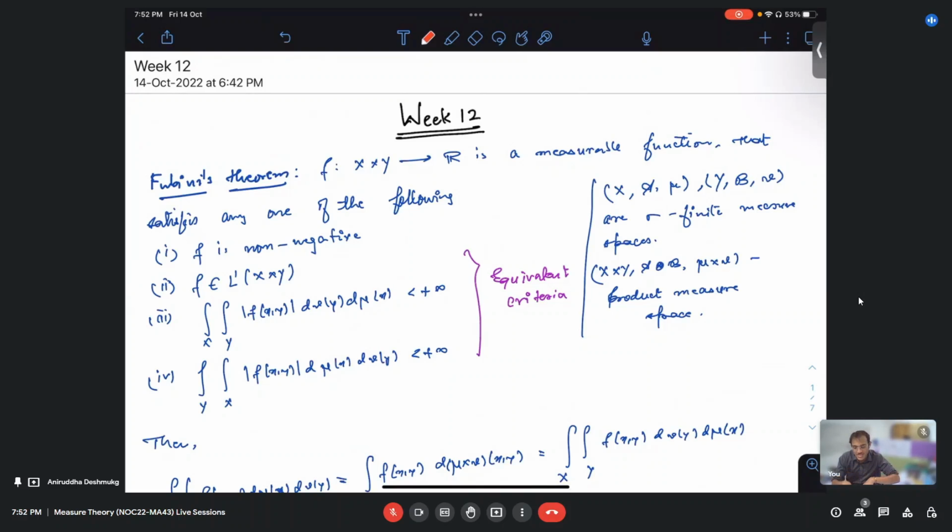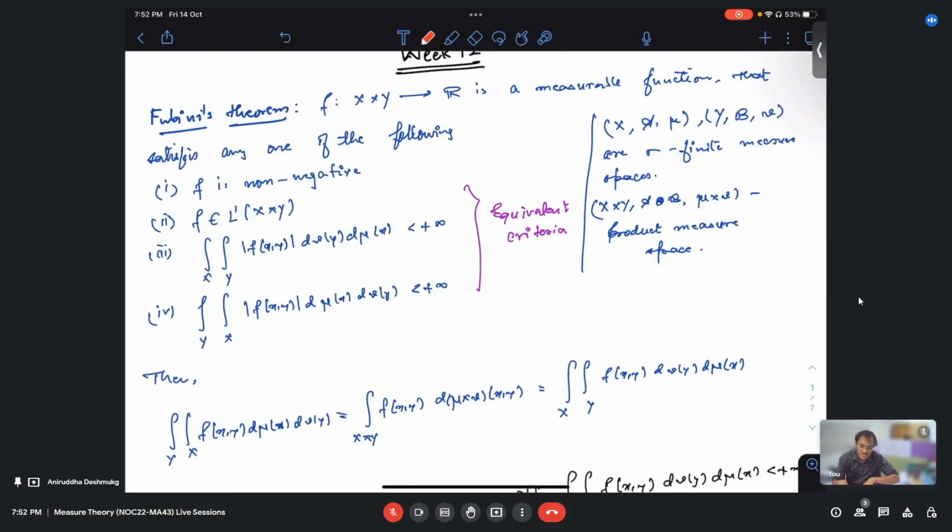Similarly, Fubini's theorem can be applied if any one of these holds. Now, f being non-negative is again too much to ask for because most of the functions that we would deal with may not be non-negative. In fact, they could be oscillatory, or even the nice functions for us, for example sine, cosine, and other things, are not non-negative, right? But still on finite intervals they are integrable.